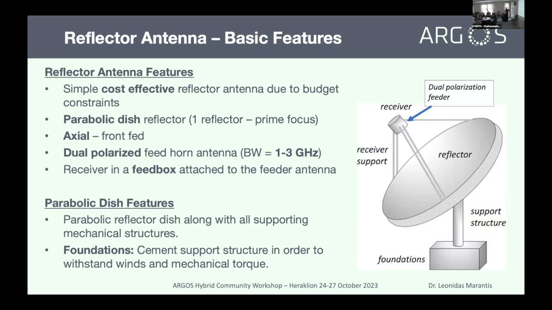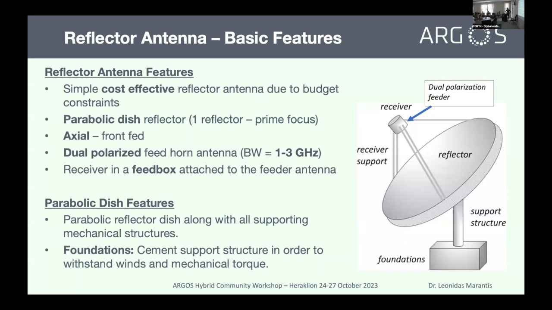As we said, it's going to be a dual polarized feed horn antenna with a bandwidth from 1 to 3 gigahertz. And the whole receiver is going to be a feed box, which is going to be attached to the feeder antenna. So we want the feeder and the whole receiver all together at the focal point of the parabolic dish, because we don't want any extra cables introducing losses.